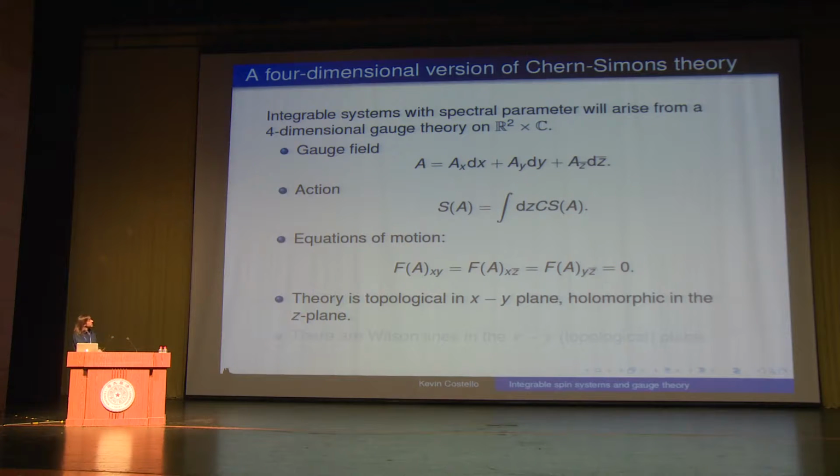So in the xy plane, it's topological, and the z plane is holomorphic, meaning that expectation values of operators will be holomorphic functions of z. And what will be important for us is that there are Wilson lines in the xy plane. We can draw a line in the xy plane, do the usual holonomy of a connection along that line, and that will define an extended operator.